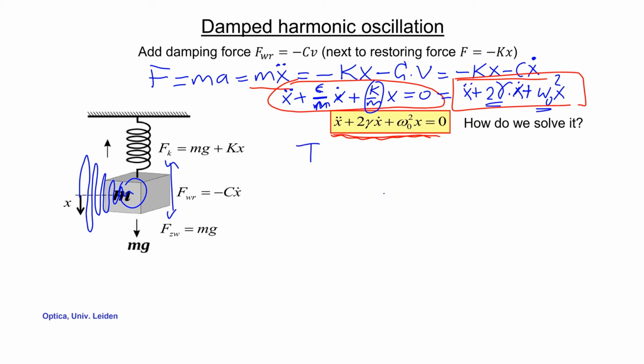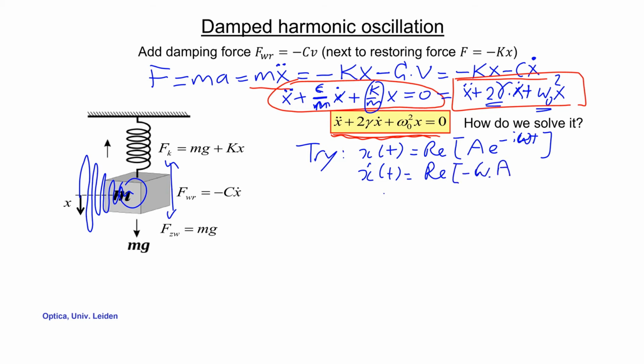And so if we try a solution of the form x(t) is the real part of an amplitude and a phasor of this form, then if you take the derivative and apply the chain rule for differentiation, you get a phasor as x of t, you get a phasor as x dot, and for x double dot, you also get a phasor.